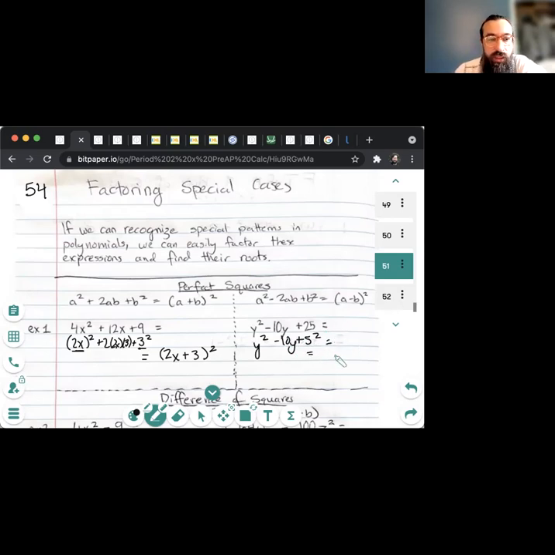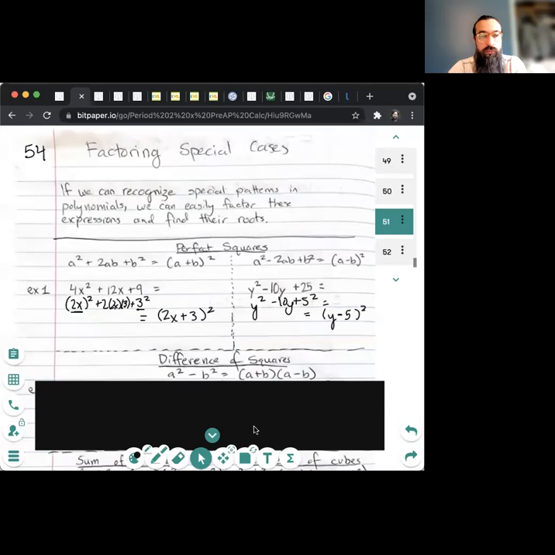And so we can just plug in these pieces. What we're going to plug in is y, and we're going to plug in b, which is 5. But this time, notice it's supposed to be a minus in between. So just make sure you put that minus in between. And that's it. Okay, pause, get this down, and we'll move on to the next section.